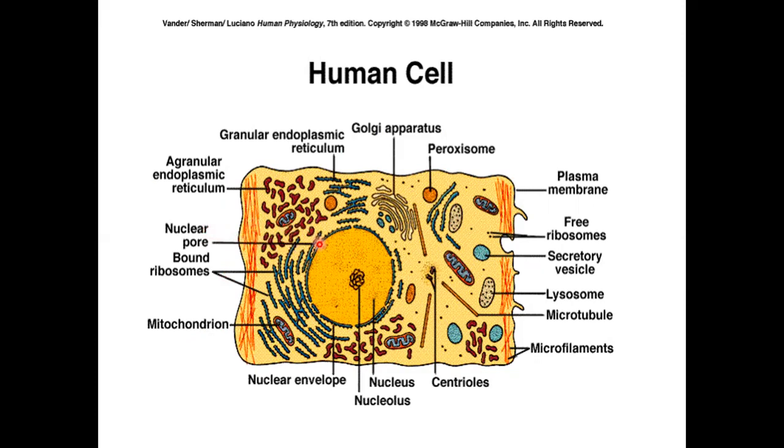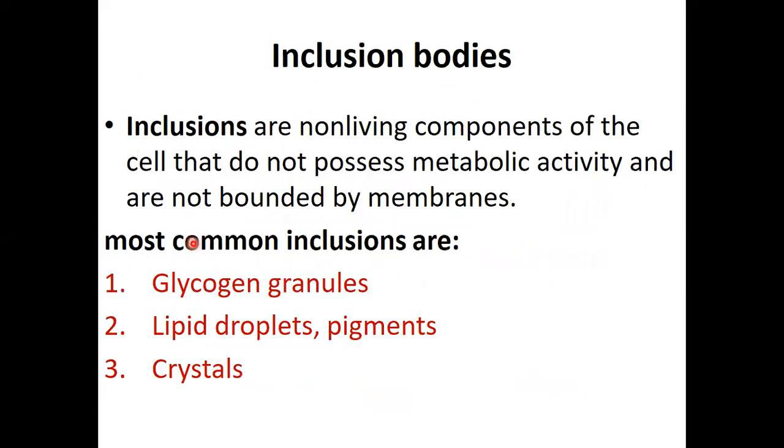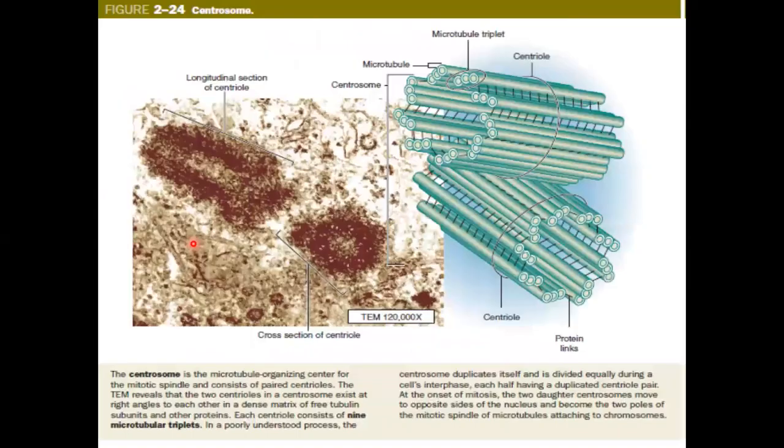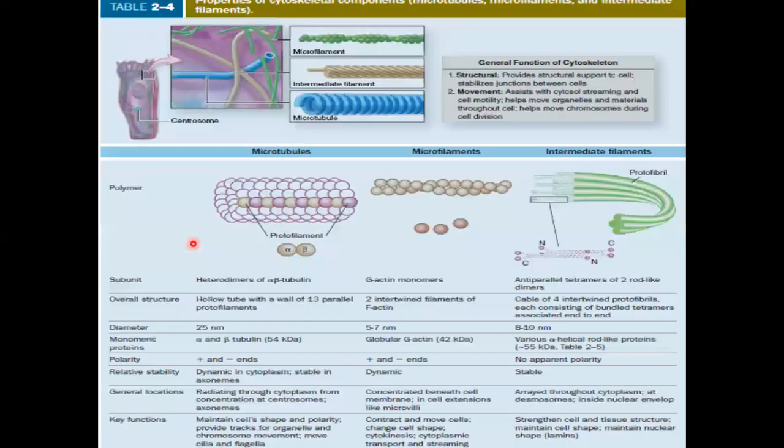So intermediate filaments act, apart from maintaining the shape of the cell, as intercellular connections to hold cells firmly together in one tissue to form organs. So that's all about the cell.